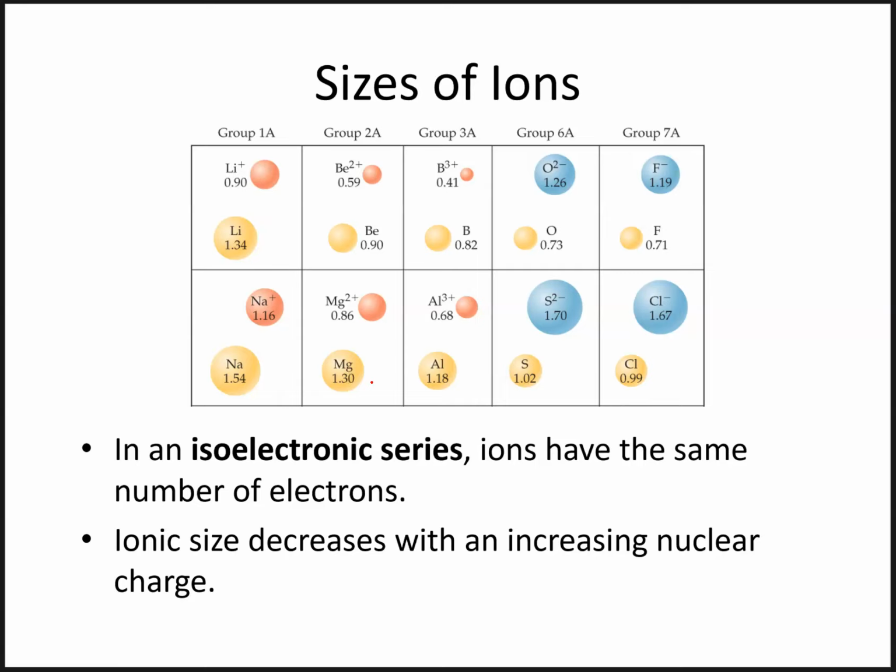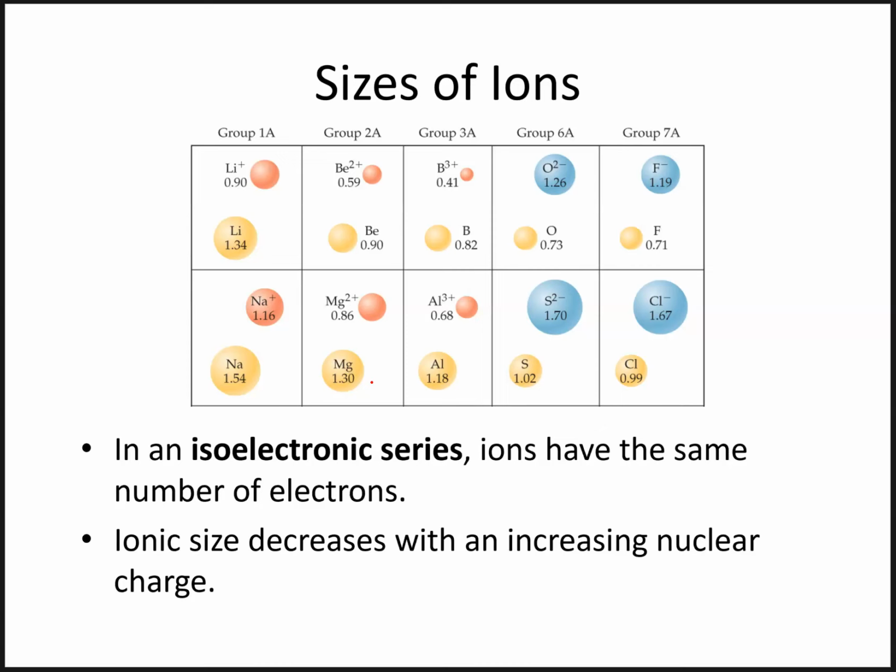So, for example, O2 minus and F minus both have the same total number of electrons. So when you're comparing isoelectronic ions, the one with the most negative charge is the biggest. The one with the most positive charge is the smallest.